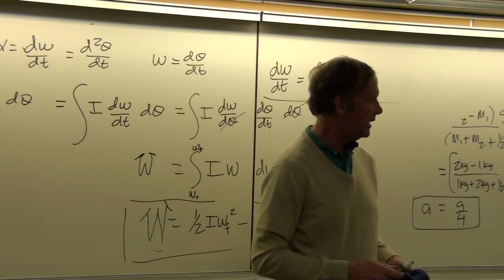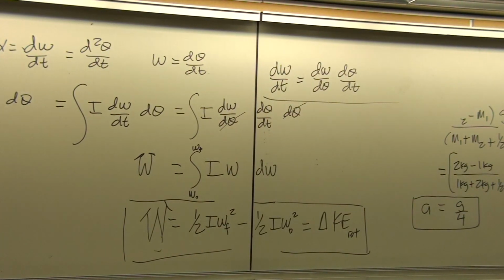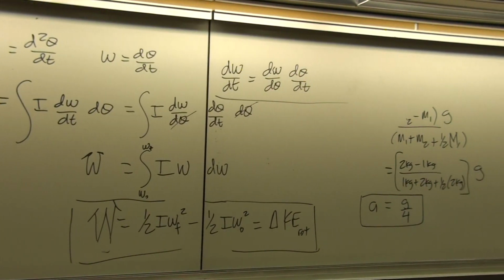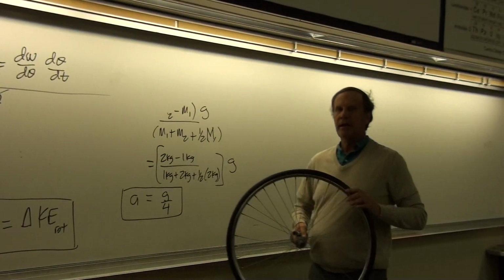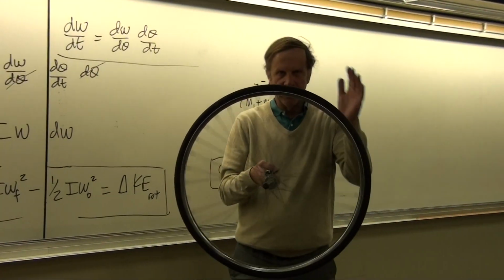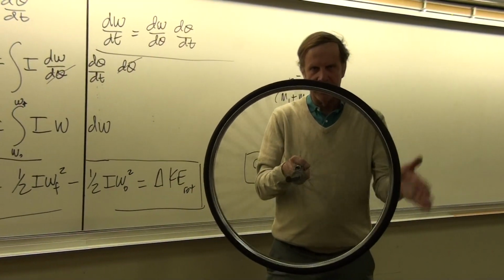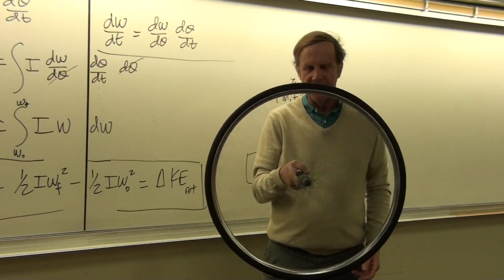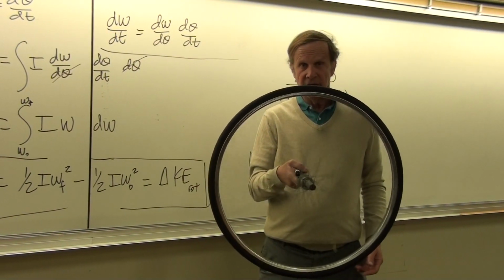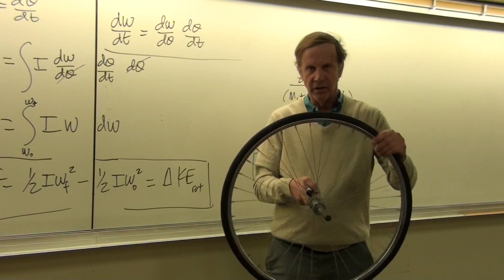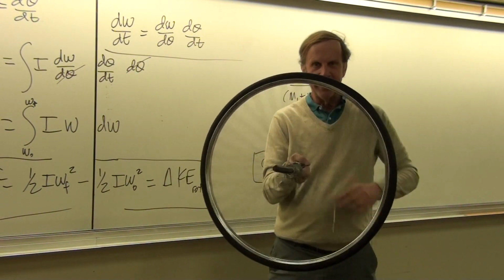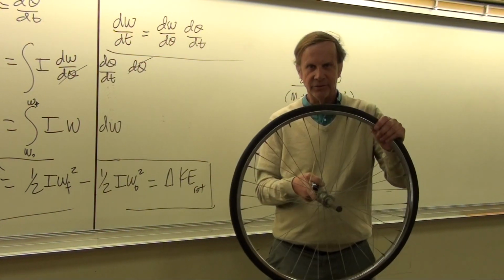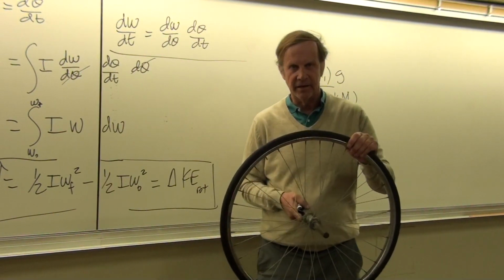So it's like if I take this bike tire and I apply torque to this bike tire, fairly uniform torque, as it continues to increase its spin rate, I've changed its energy because the omega initial is different from the omega final. And so I did work to make that happen. And that's equal to the change in the rotational kinetic energy.